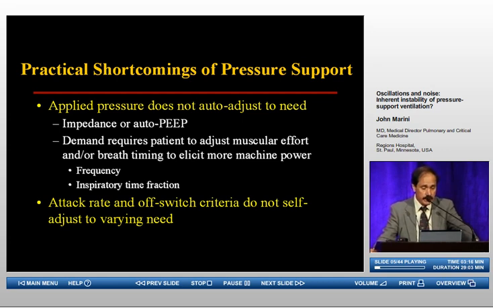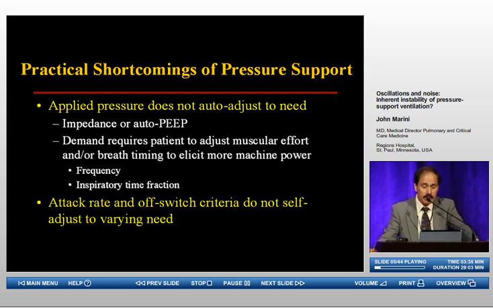If you have increased demand, it requires the patient to adjust muscular effort and or change their breath timing to elicit more machine power. So they can call for more frequent breaths from the machine or change the inspiratory time fraction of the machine, but not the pressure level that is being applied.